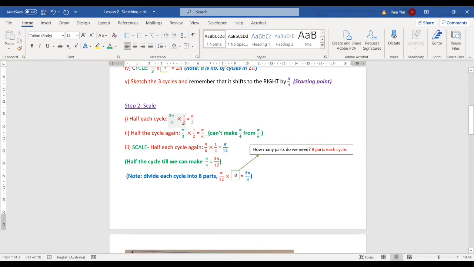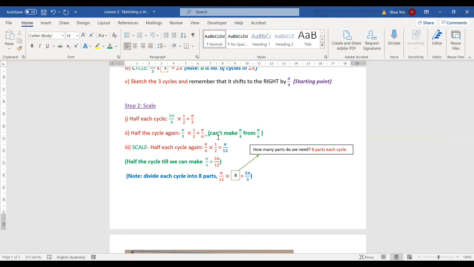Because each cycle ends at 2 pi over 3, and the next one will be at 4 pi over 3 and then 6 pi over 3, which is 2 pi. Then you halve it again because you need more, and that will be pi over 6. But we can't stop here. We can't make pi over 6 our scale, because this function is moving to the right by pi over 4.